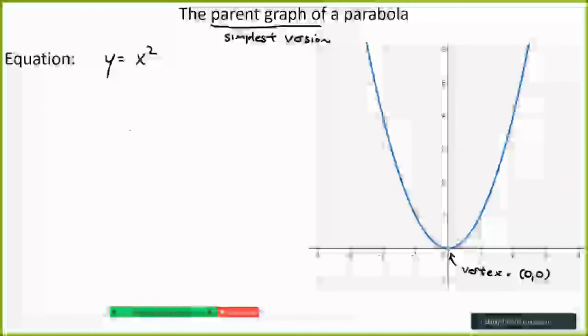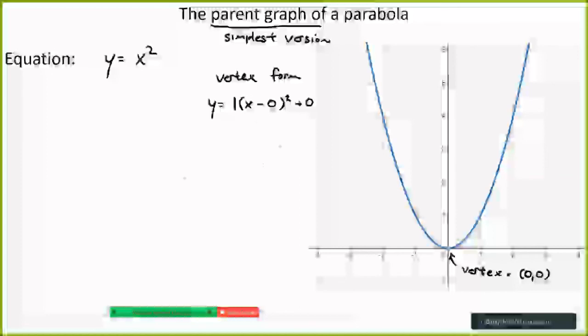So in vertex form, you could say it looks like this. The vertex form of the parent graph would be y equals 1 is a, h is 0, and k is 0.